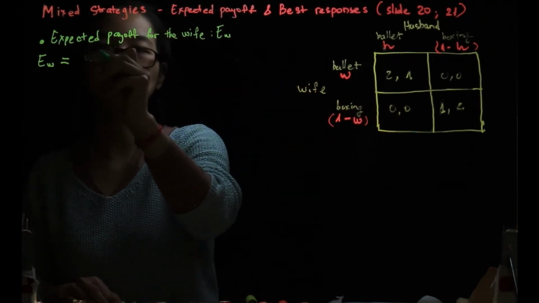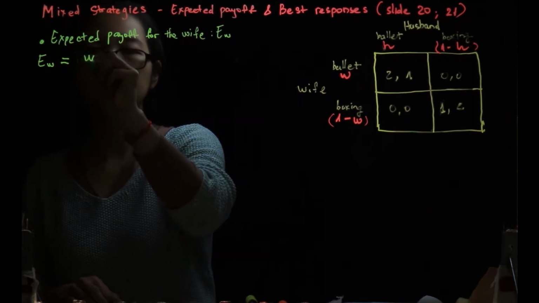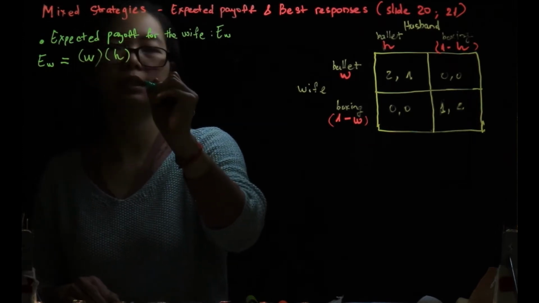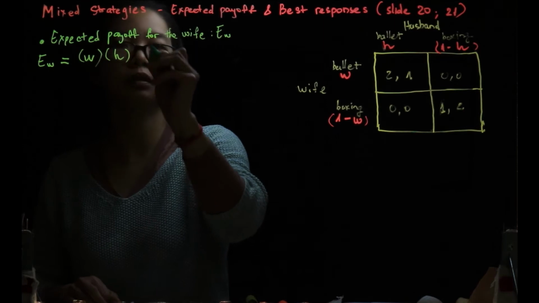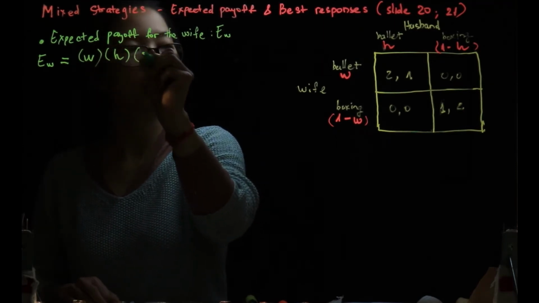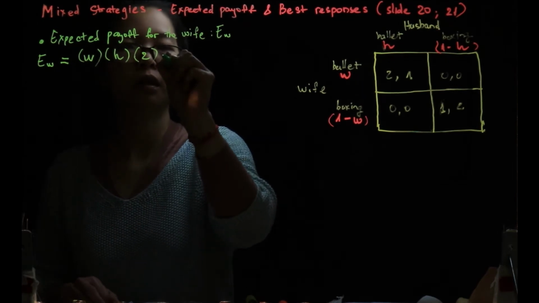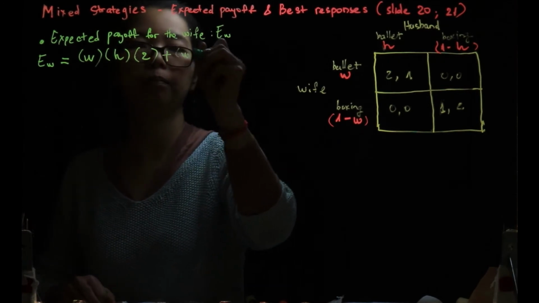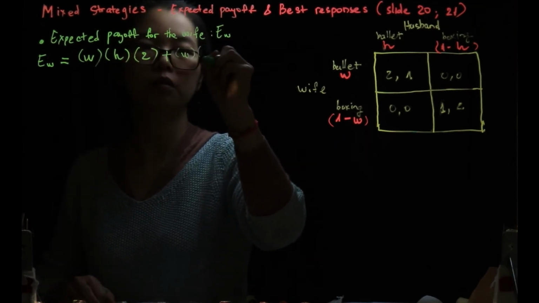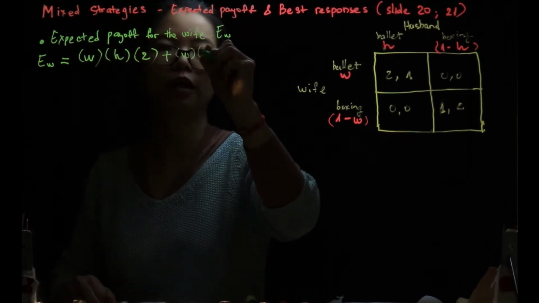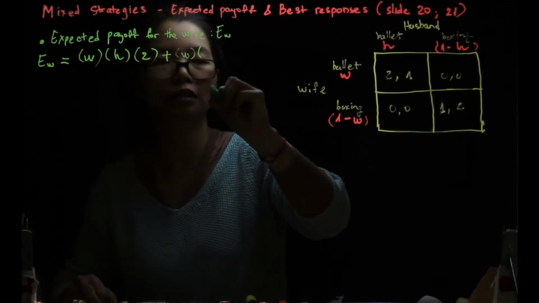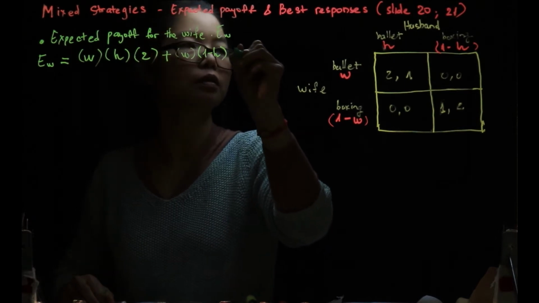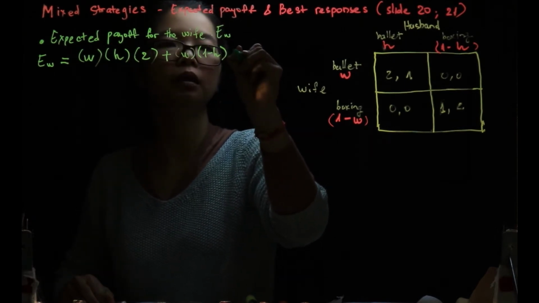So W, the probability that she plays Bartlett, times H, the probability that her husband also goes for Bartlett, times payoff 2, right? Plus, now move to the next. The probability that she plays Bartlett, but her husband, now she plays, it's a confusing thing here. Plays, I mean playing the strategy, not the activity itself. And then 1 minus H if her husband goes for boxing, times 0.